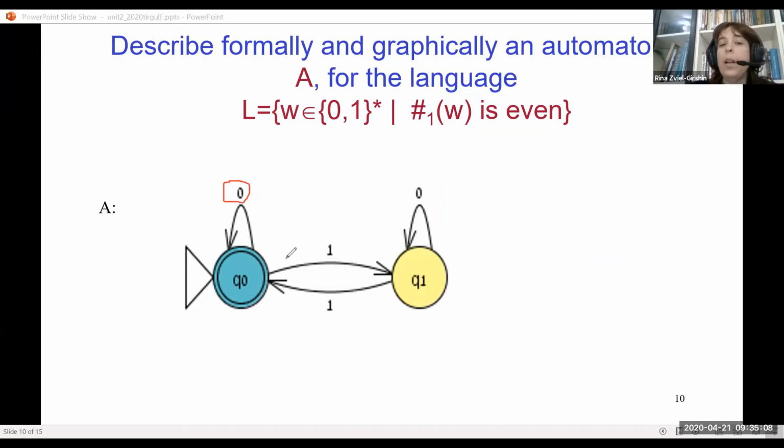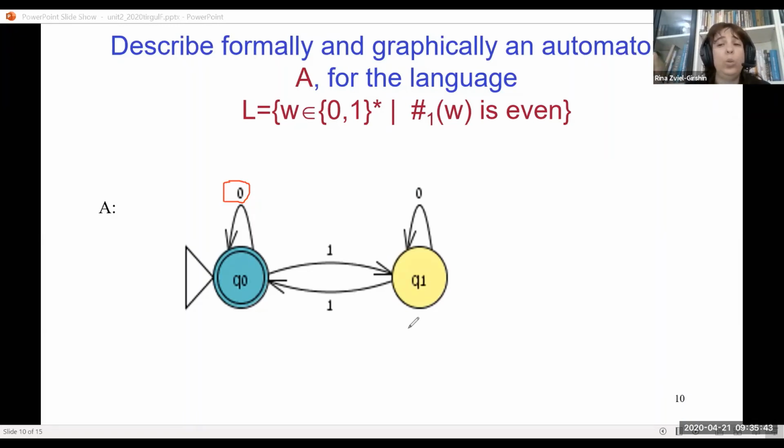If I get 1, now I have an odd number of ones, so I move to Q1, which represents odd number of ones. I stay here until I get zeros. If I get an additional 1, I move to Q0, which represents even number of ones. So basically I have 2 states. Each state is actually a counter of ones in the word. We are not interested in zeros here.